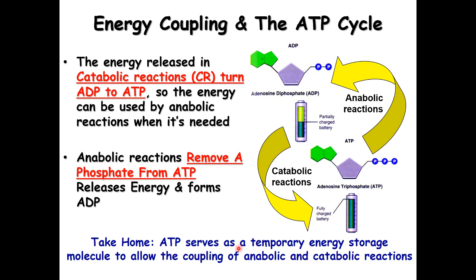So ATP serves as a temporary energy storage to allow the coupling of anabolic and catabolic reaction. That's what we call energy coupling. So that's how we talk about energy coupling and the ATP cycle. The ATP cycle allows the energy coupling between anabolic and catabolic reaction. Okay.